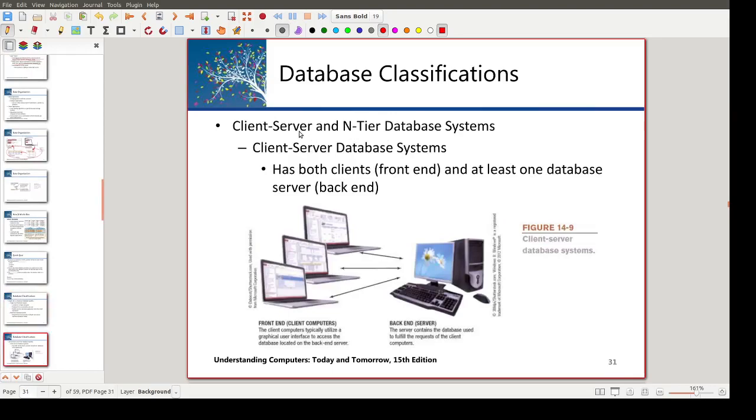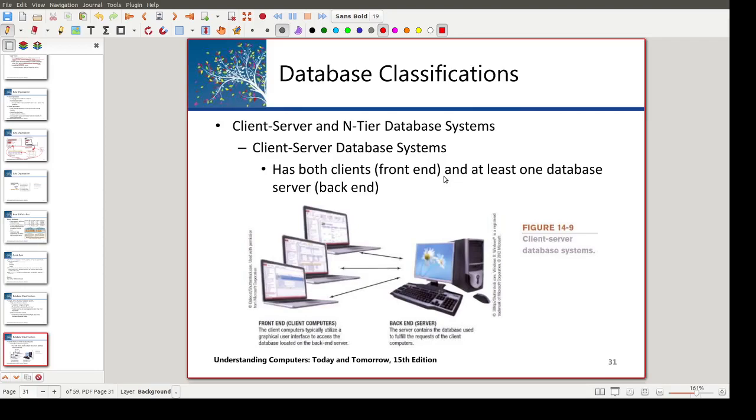We have also another classification called client server and n-tier database systems. Client server means the client is the front-end user who uses the database, and the server is in another place, and it's called the back end. The back end contains the server, and the front end contains the users, the clients.